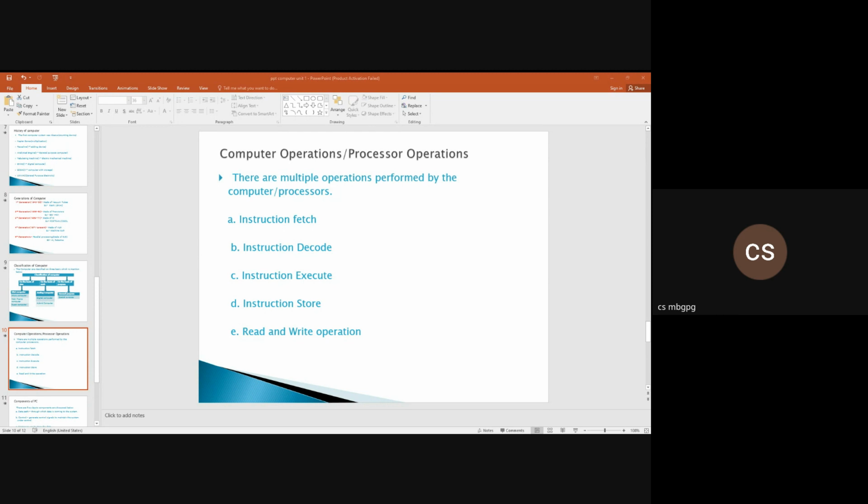by performing these instruction cycle steps, these four steps: fetch, decode, execution, store. Every step requires a number of machine cycles to complete.